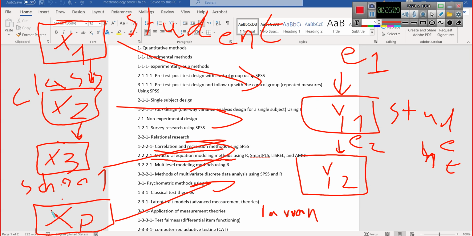So these developments in the domain of relational research provide researchers with a variety of methodologies to test theories in psychology and education and behavioral and social sciences.